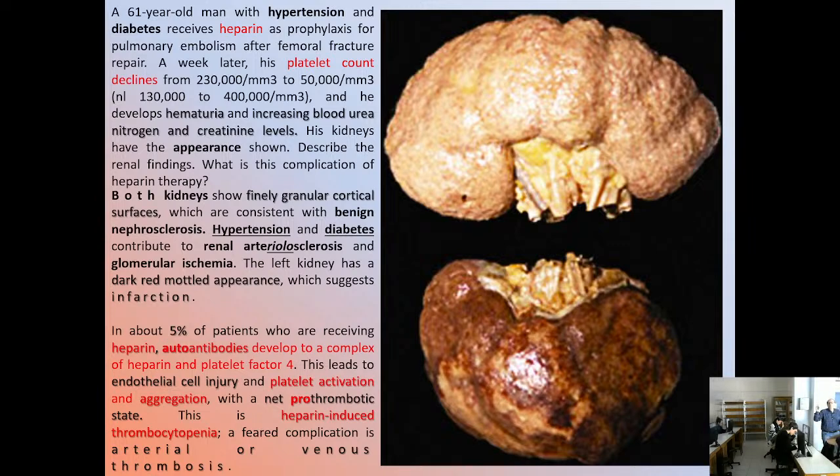It looked strange to me because the patient was taking heparin, which is for exactly the opposite. However, as you have studied, some autoantibodies are developed, and that causes a prothrombotic state. So it's heparin-induced thrombocytopenia, and that's a complication of venous thrombosis.